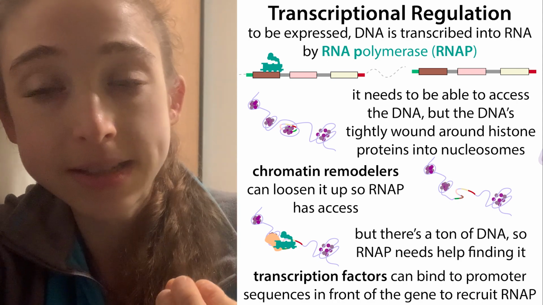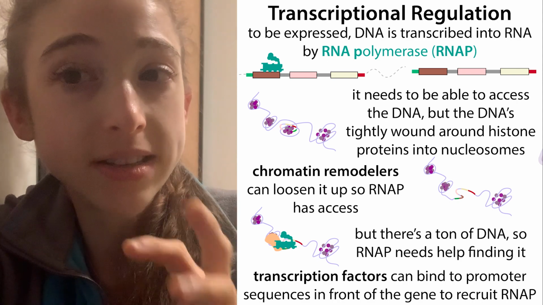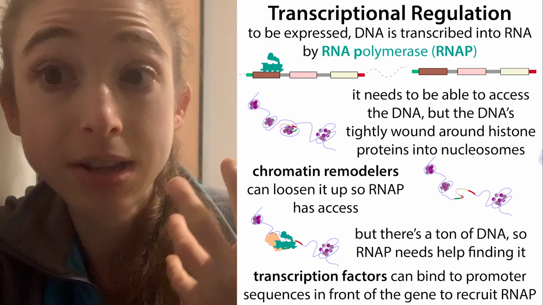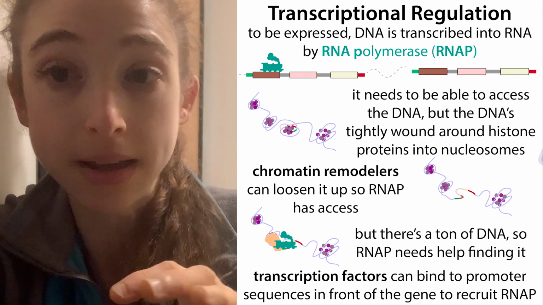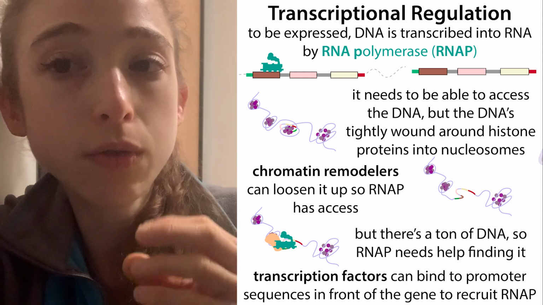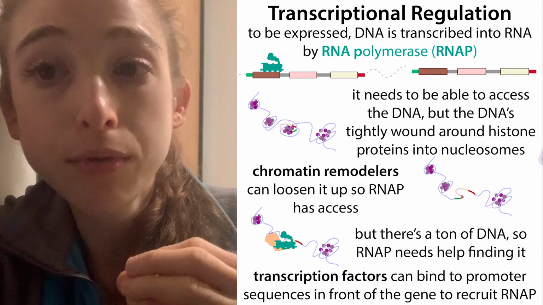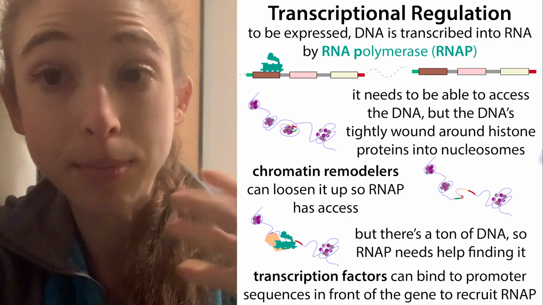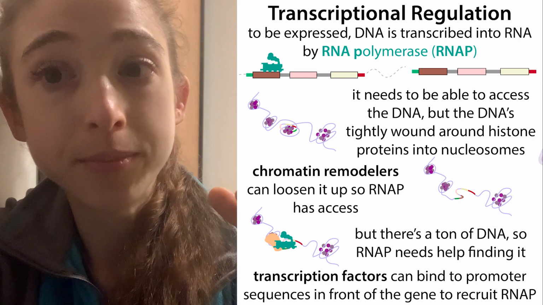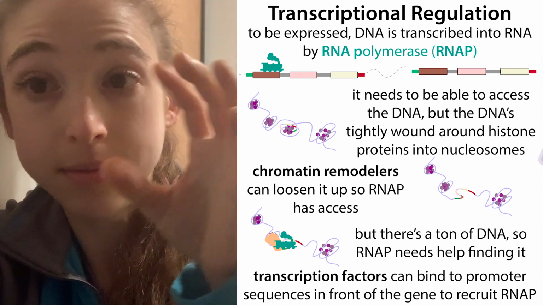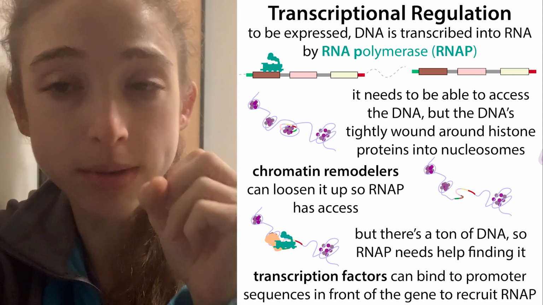And there are also, in addition to positive transcription factors, negative transcription factors that are going to repress the usage of a gene. You can repress the usage of a gene through epigenetic methods that tighten up the chromatin.